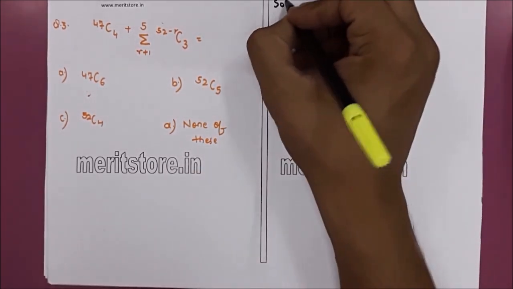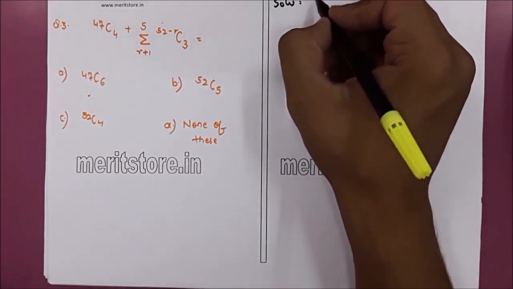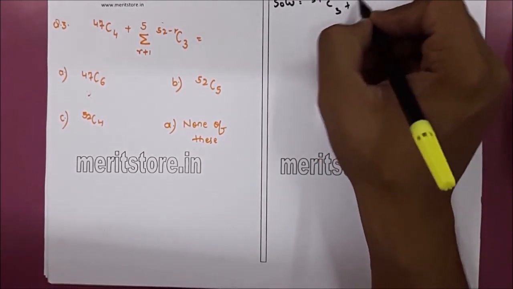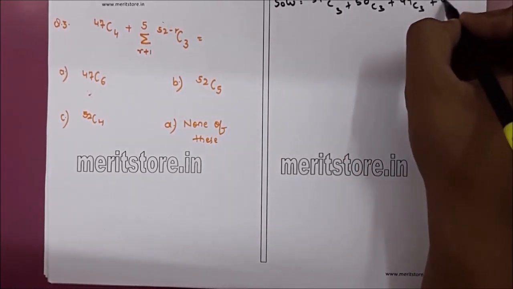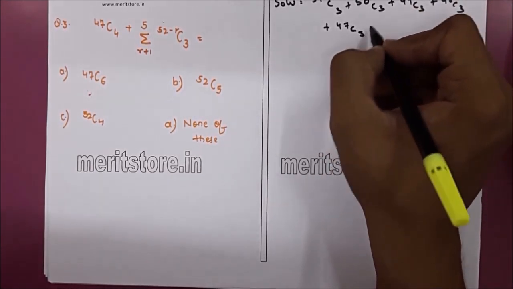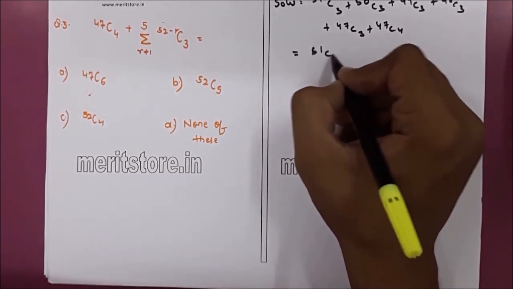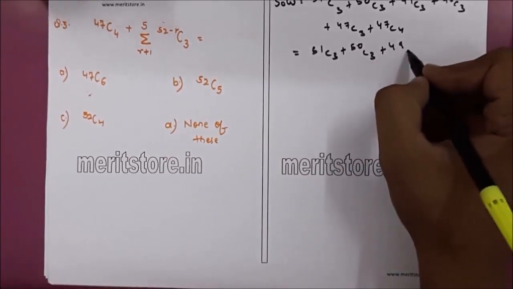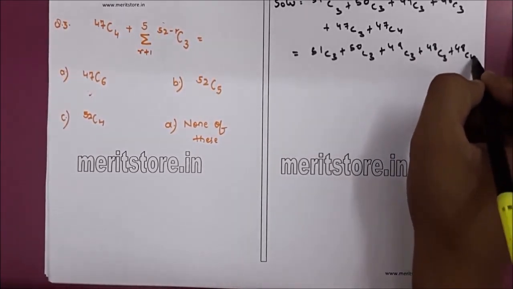Therefore, the solution is: 51C3 plus 50C3 plus 49C3 plus 48C3 plus 47C3 plus 47C4, that is equal to 51C3 plus 50C3 plus 49C3 plus 48C3 plus 48C4.